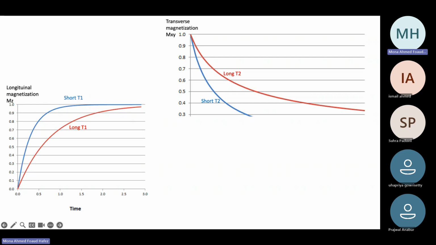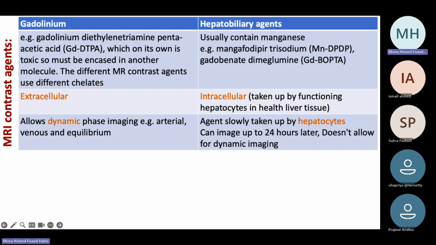And also it can speed up the acquisition time. It will reduce the TR time. Gadolinium, which is gadolinium diethylenetriamine pentaacetic acid. Gadolinium on its own is toxic, so it should be chelated with another chelating agent, such as DTPA in this example.